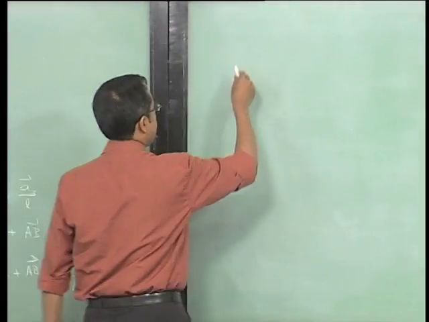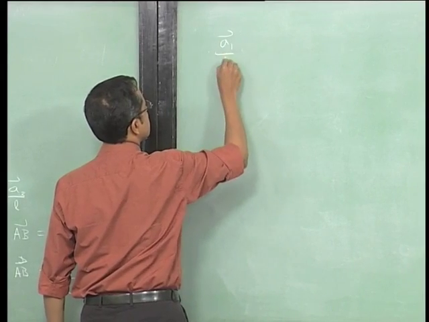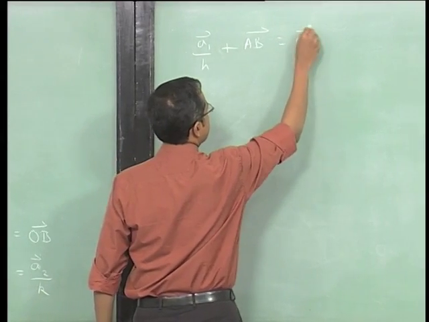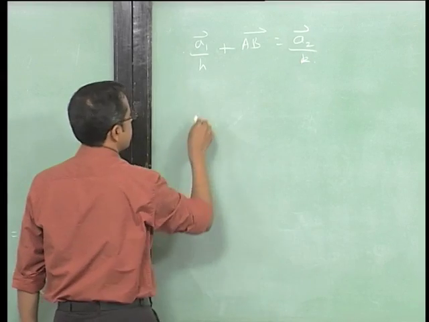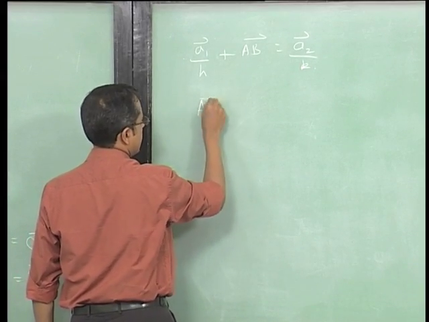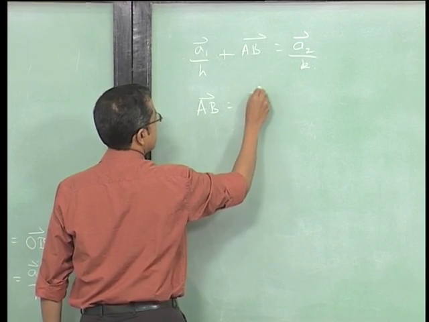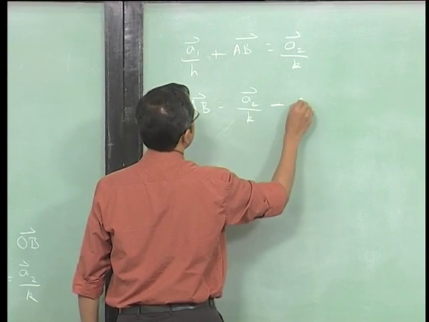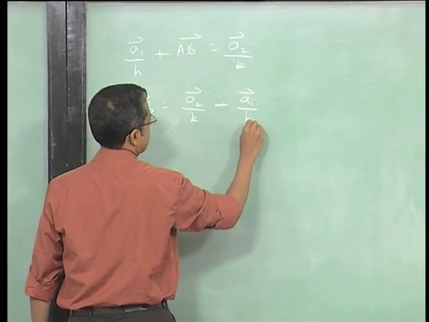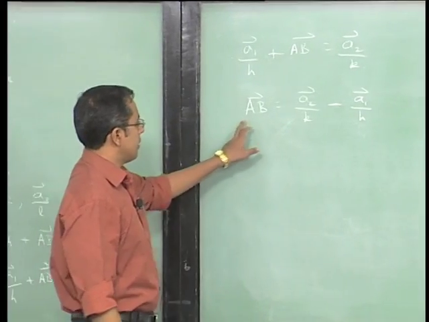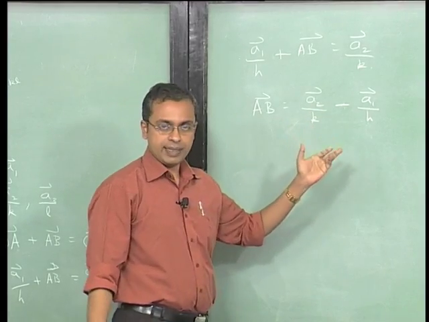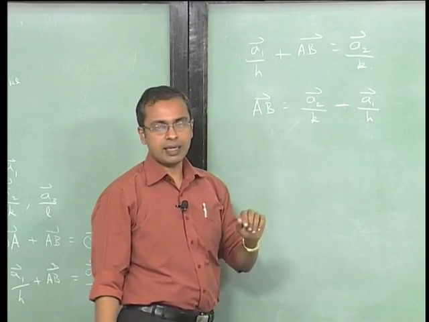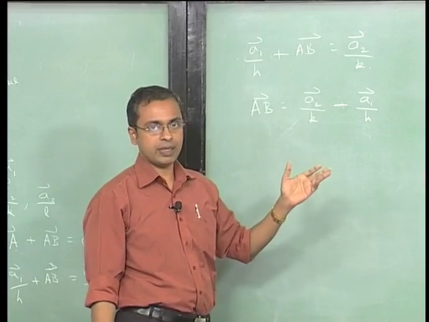So we wrote A1 by H plus AB equals A2 by K. Rearranging this, we get AB is A2 by K minus A1 by H. So we now have the vector AB given to us in terms of the unit vectors A1 and A2, which we have already defined for real space.